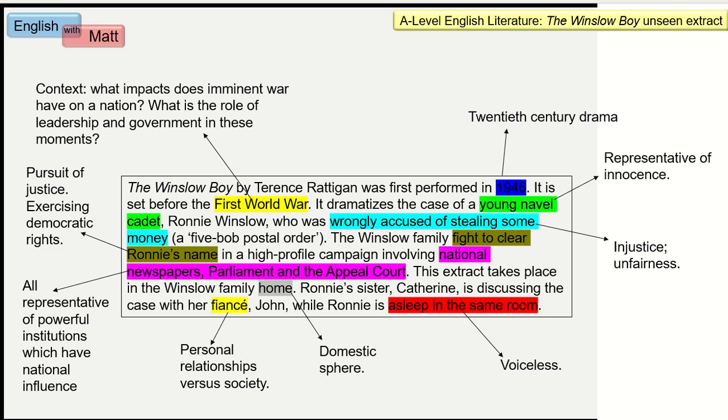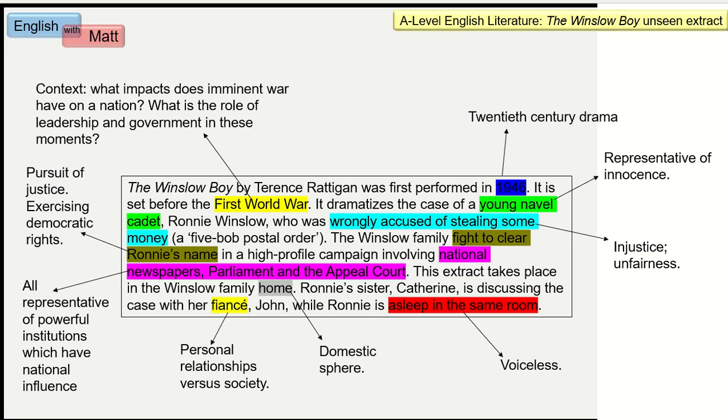So whenever you have national newspapers, we're talking here about the powerful institution of the media, but we also have in this extract Parliament and the Appeal Court representing, of course, the judiciary as well as elected government. So all of those in pink there are examples of powerful institutions that have a large degree of national influence.